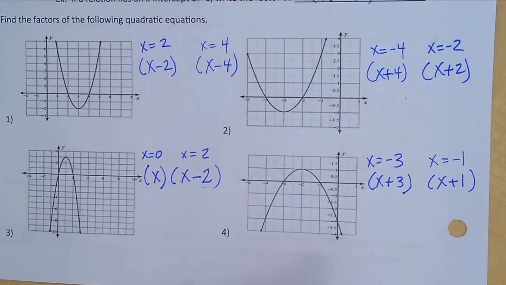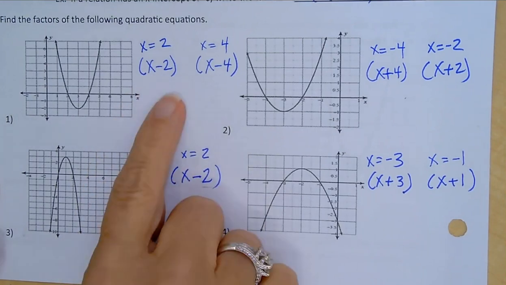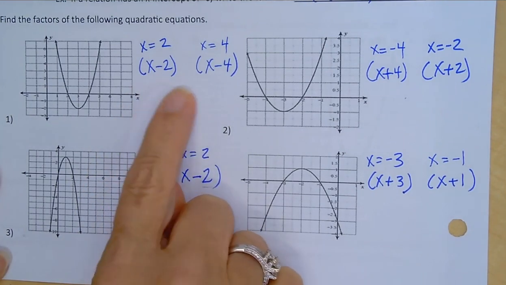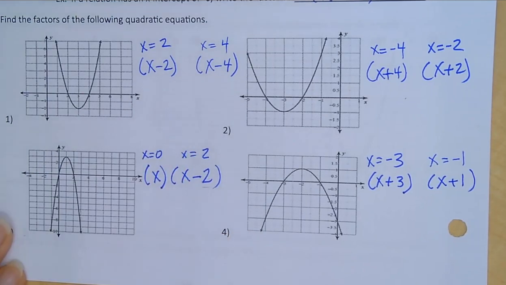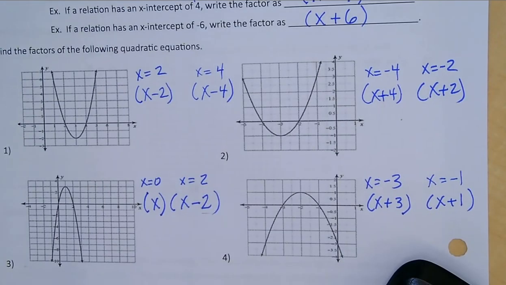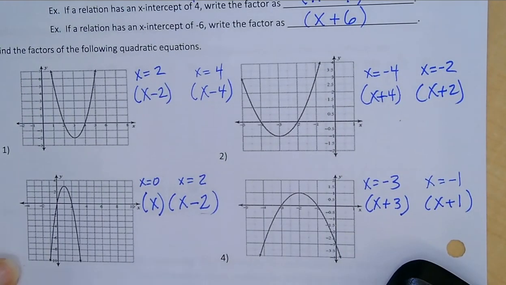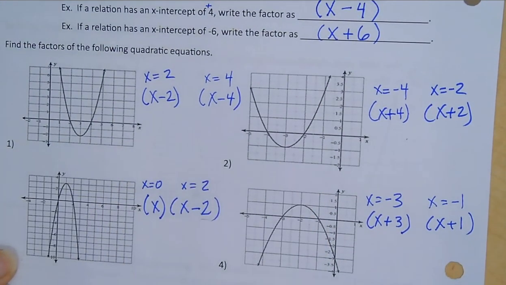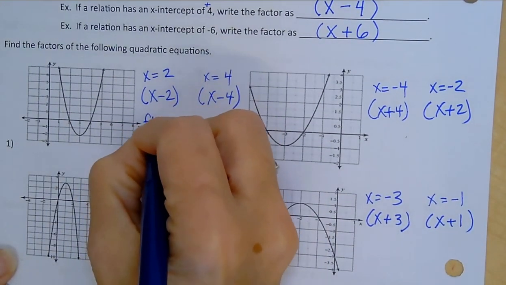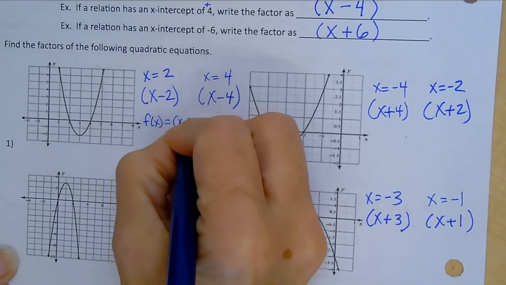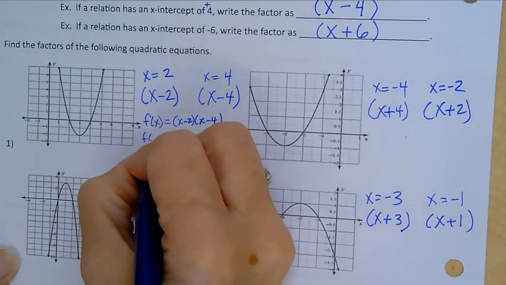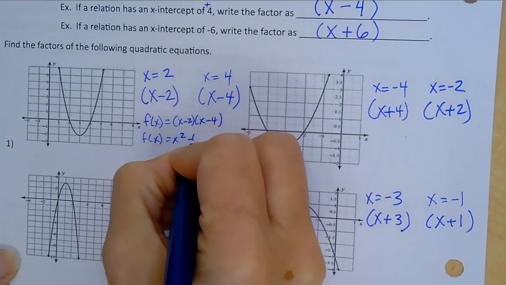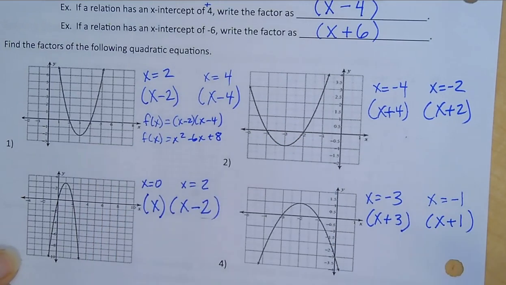All right, so just for kicks, let's say that we think our two factors are x minus 2 and x minus 4, and we wonder if maybe there are no other factors. So let me show you what that would look like. Let's just say we thought these were the only two factors of this function, maybe our function would be f of x equals x minus 2 times x minus 4, which means that f of x equals x squared minus 6x plus 8, right?